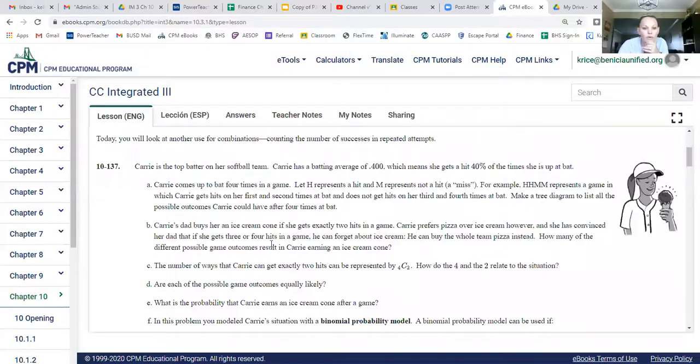All right, so E, what is the probability that Carrie earns an ice cream cone after the game? Remember it says up here on part B, she prefers, oh yeah, sorry, I was jumping ahead to the next part. So each of these 6 ways that she gets ice cream has the same probability.